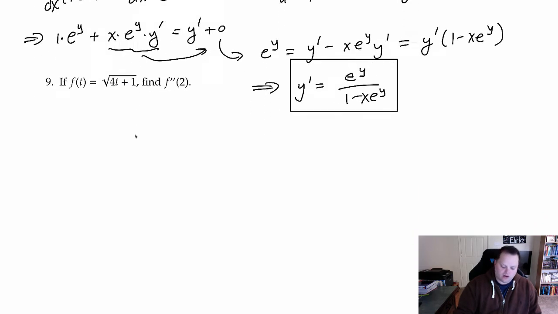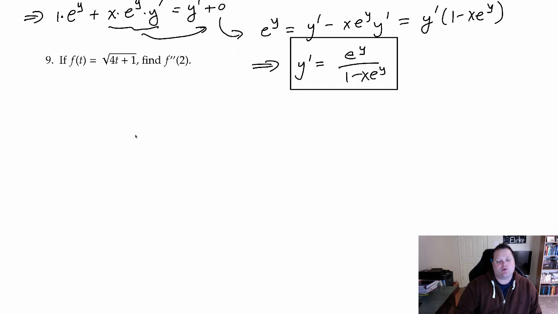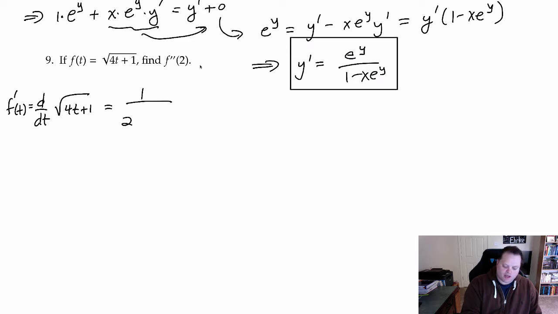Okay, finally, our last derivative example, taking more than one derivative, just to make sure y'all are aware of that. If you took the first derivative here, it's not too bad. So this would be f prime of t. This derivative would be 1 over 2 times the square root of this function.